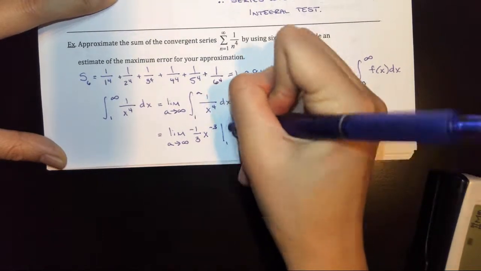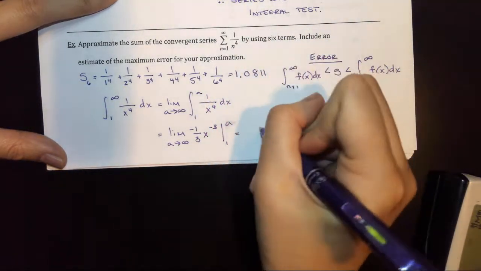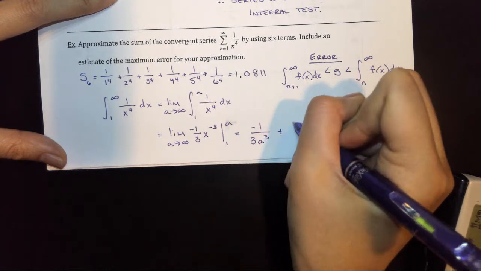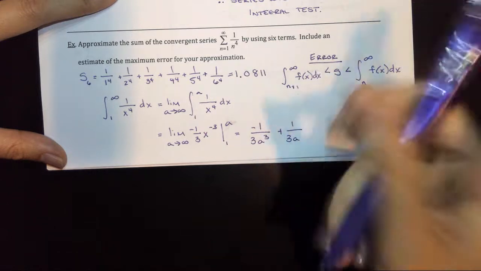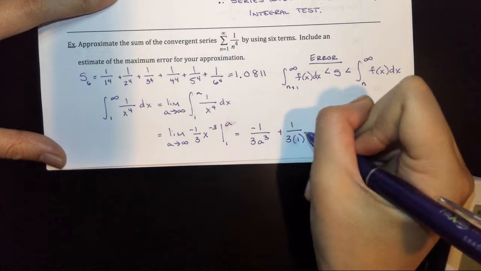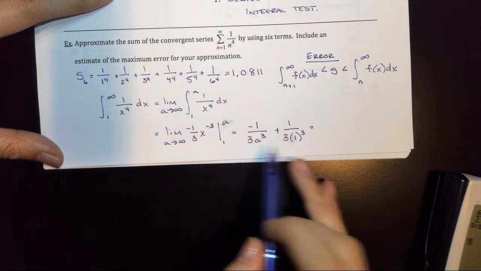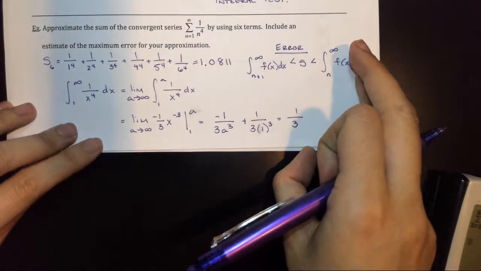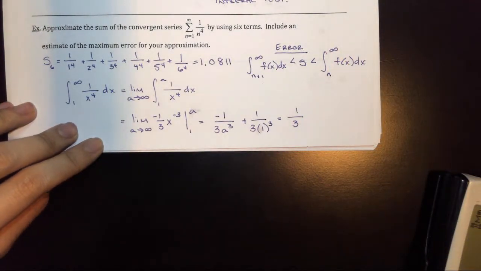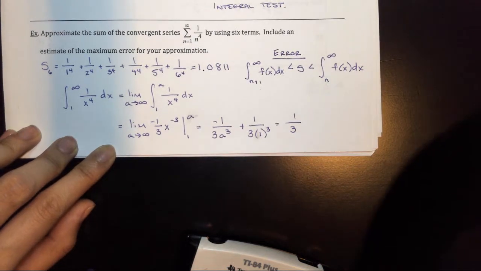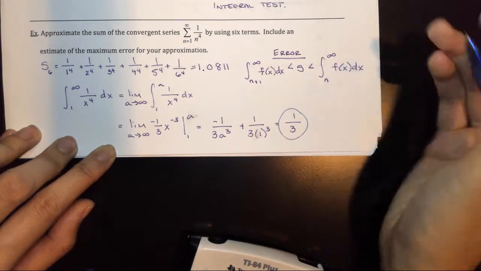So this one goes to 0 and this one goes to 1/3. Okay. So my error in my approximation would be less than or equal to 1/3.